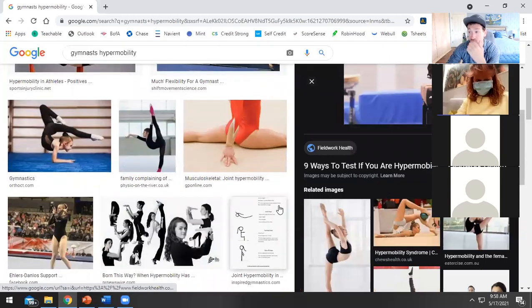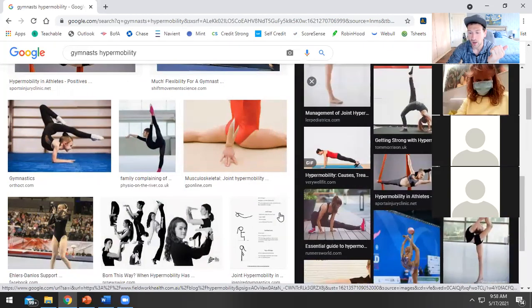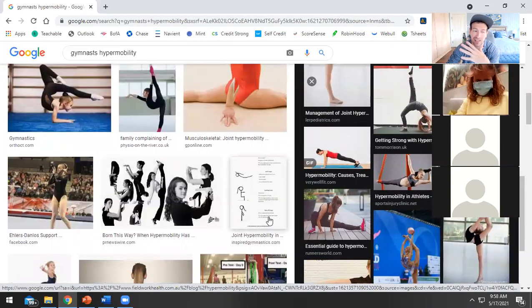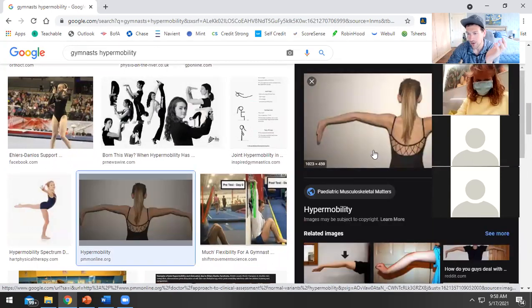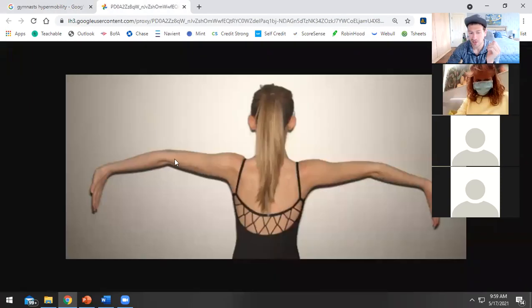Dancers too, to some degree. See this right here? She's not just in elbow extension, she's in elbow hyperextension. It's an abnormal kind of stretch. It's too much range of motion, right?